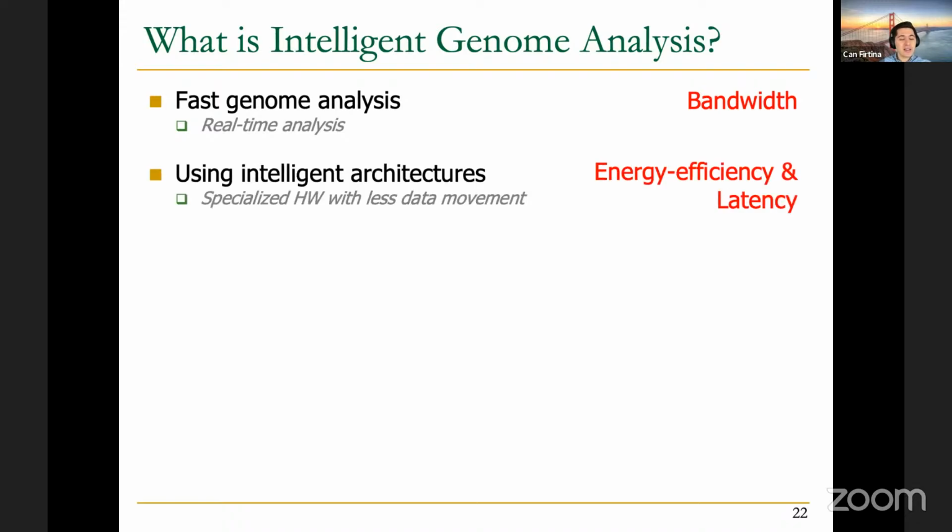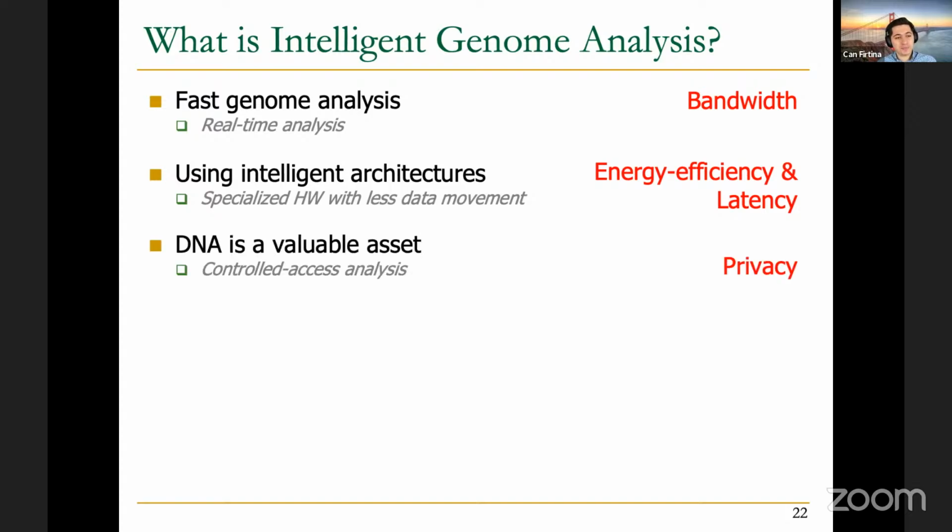The second is we really want to utilize the architecture that we have today so that we can perform both energy-efficient and low-latency genome analysis using suitable hardware. For example, we can use certain hardware which can reduce data movement, which then eventually improves the entire performance and the energy efficiency of the genome analysis step.